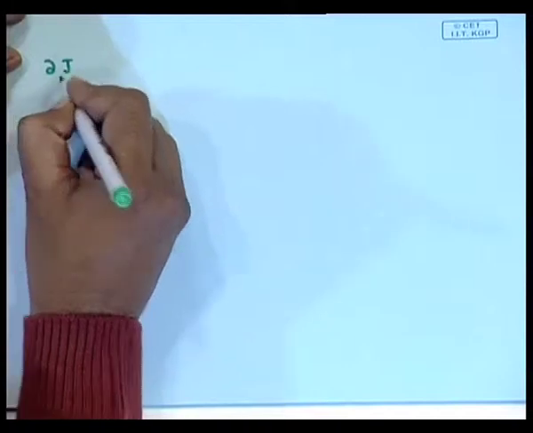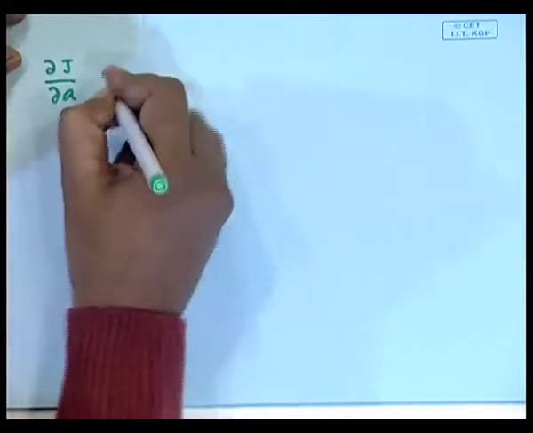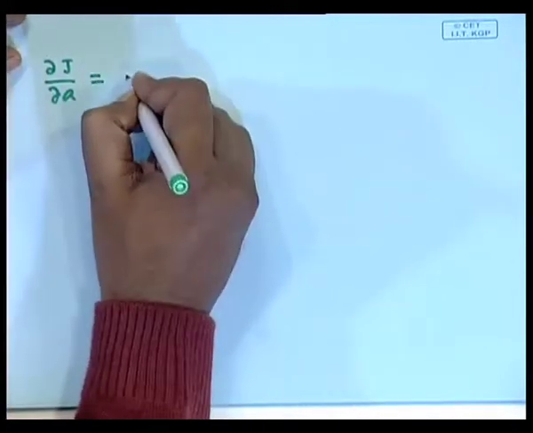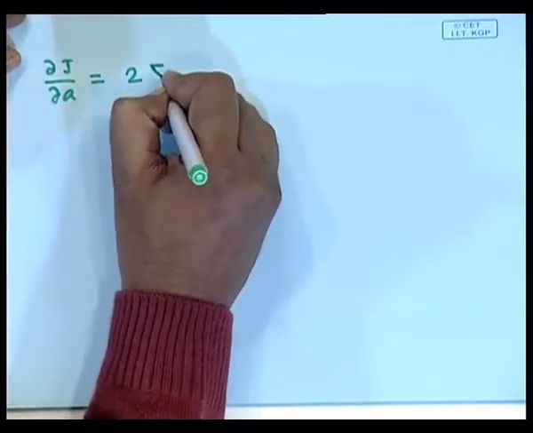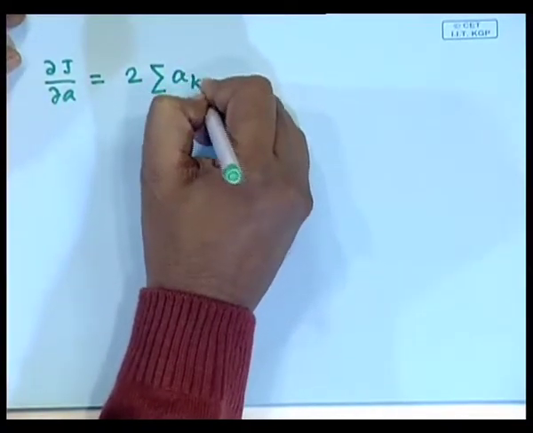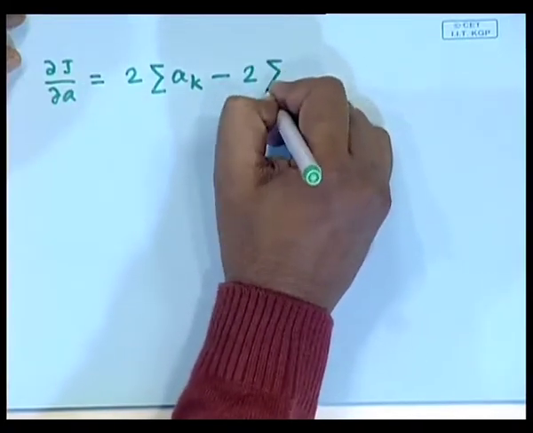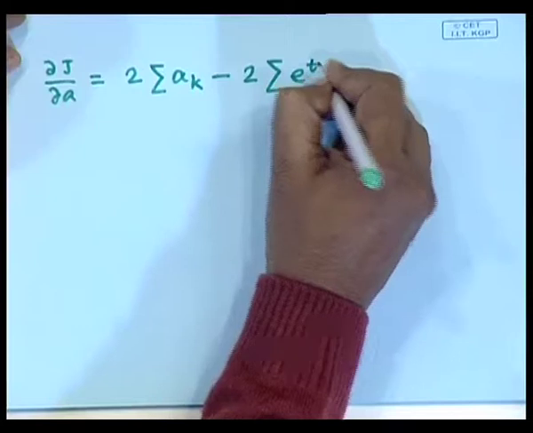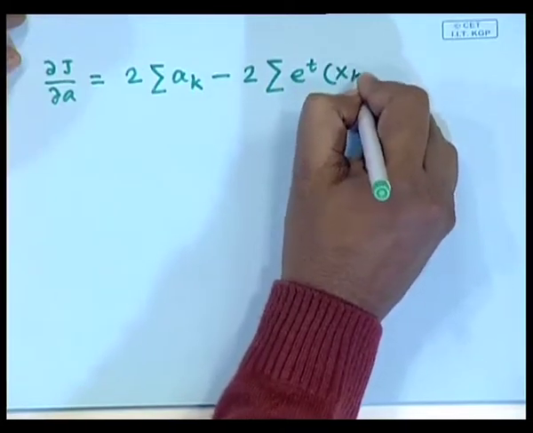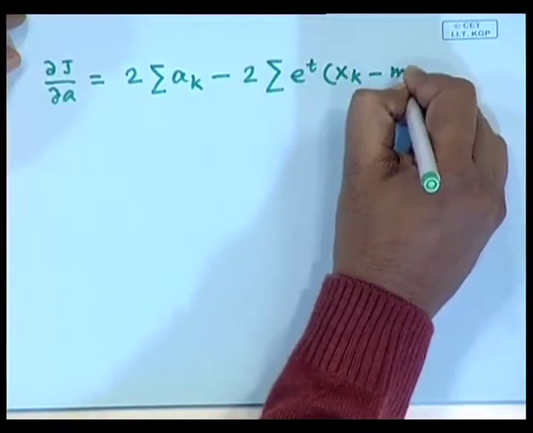So, when I take the differentiation of this with respect to a, what I get is, effectively, del J by del a is nothing but 2 into summation of a k minus 2 e transpose x k minus m.